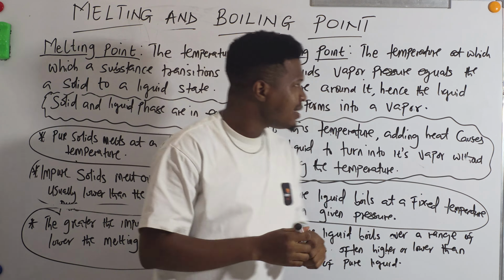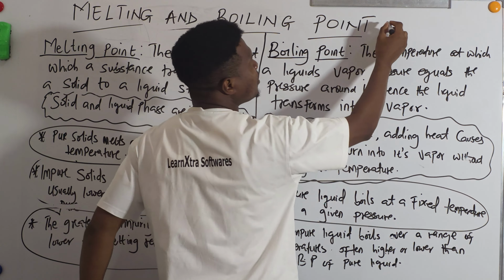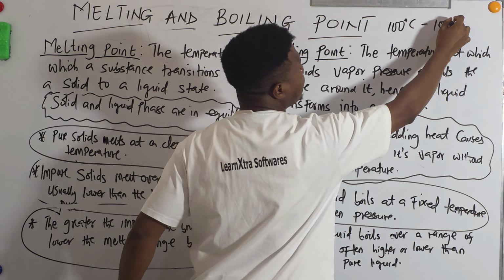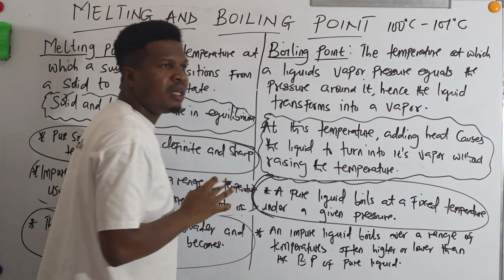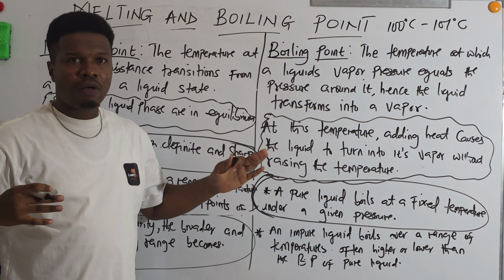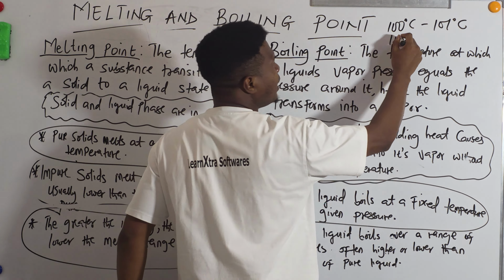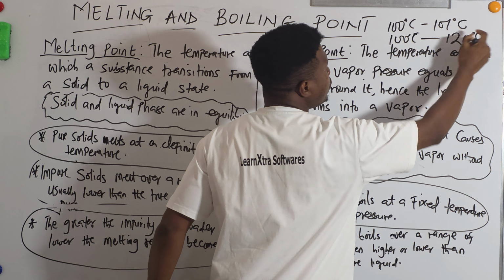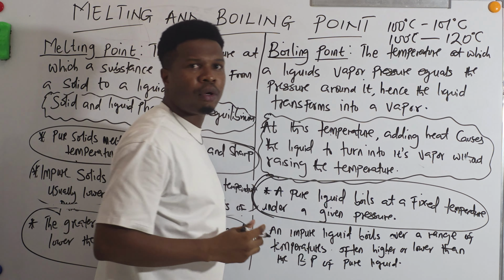For example, let's say something boiled from 100 degrees C to 101 degrees C. This is sharp. The range is not that long. But when you have something like 100 degrees C to 120 degrees C, you see that the range is very broad, very large.